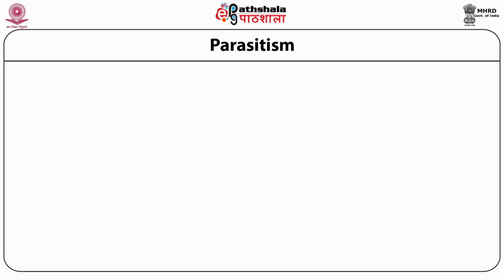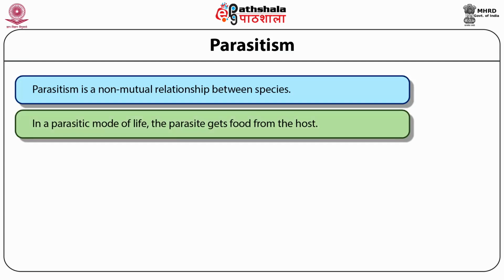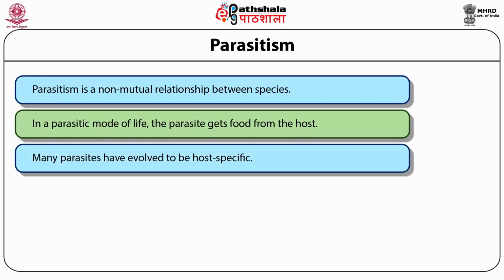Parasitism. This is part of microbial interaction among different bacteria or fungi or other living organisms. Parasitism is a non-mutual relationship between the species. In a parasitic mode of life, the parasites get food from the host. Many parasites have evolved to be host-specific.